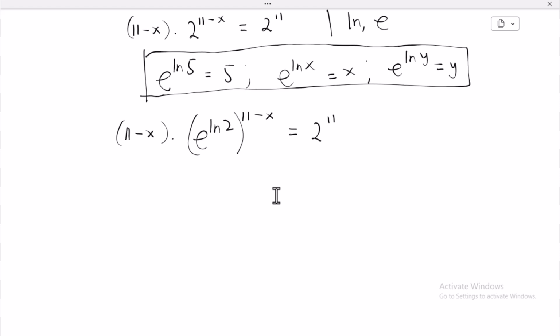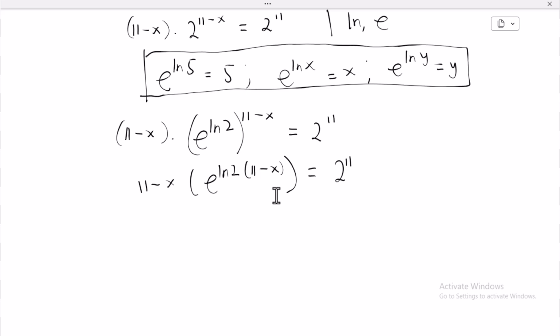And when we expand this, we are going to have 11 minus x multiplying e to the power natural log of 2 multiplying 11 minus x, close bracket, is equal to 2 to the power 11.